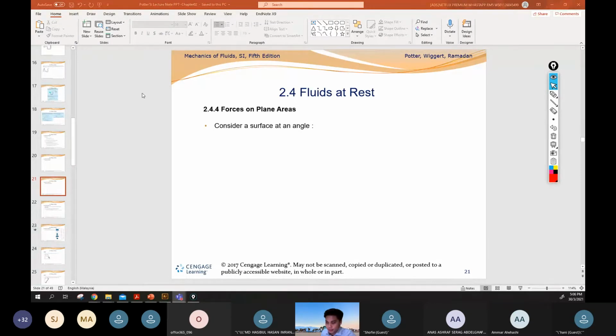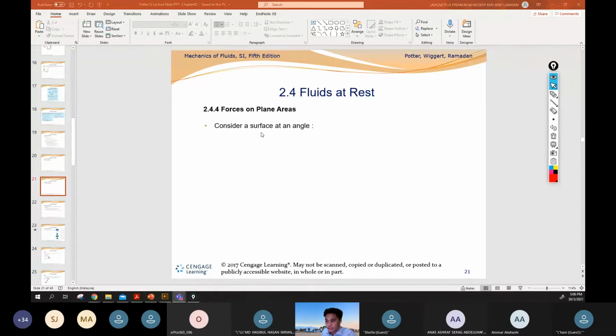So, let me recap back. The last session we learned to calculate the resultant force for the plane area at different angles. The first is 90 degrees, which is the vertical direction. Secondly is having an angle.